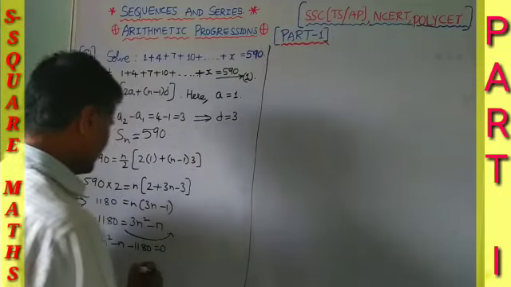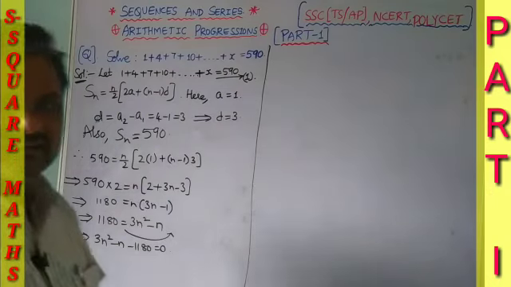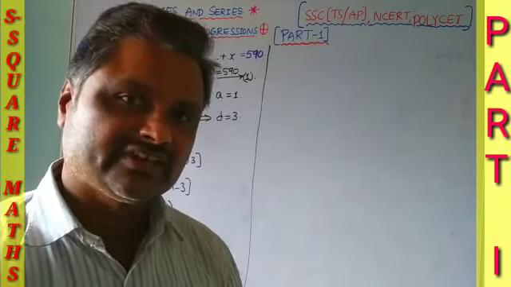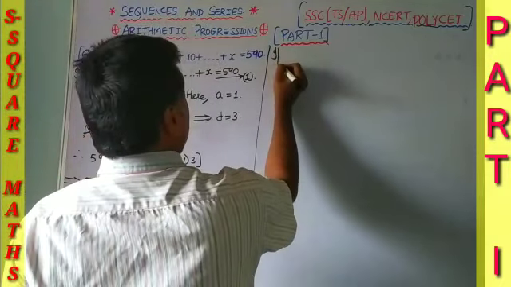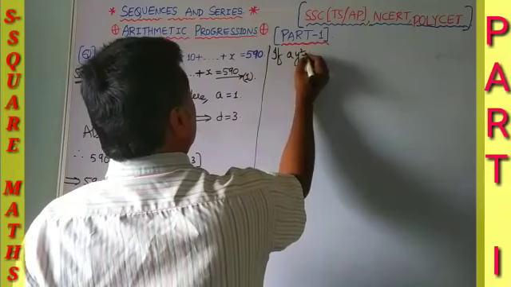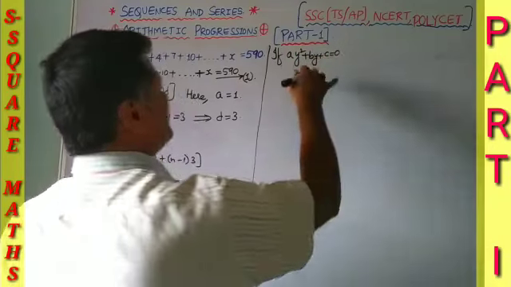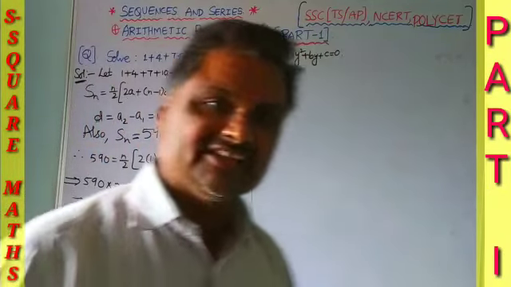Since it is a quadratic equation and the constant term is large, it is tedious to get the value of n by the factorization method. So let us apply the formula method. If ay square plus by plus c is equal to 0, this is the standard or general form of a quadratic equation in the variable y.